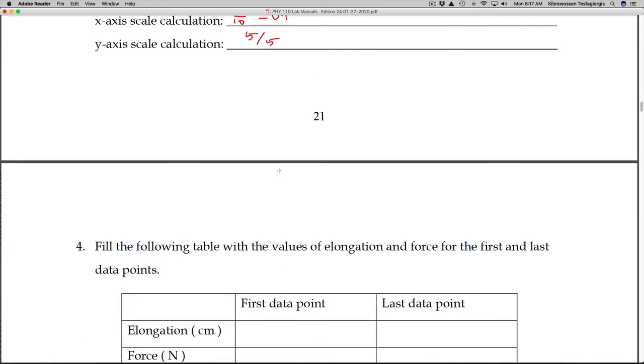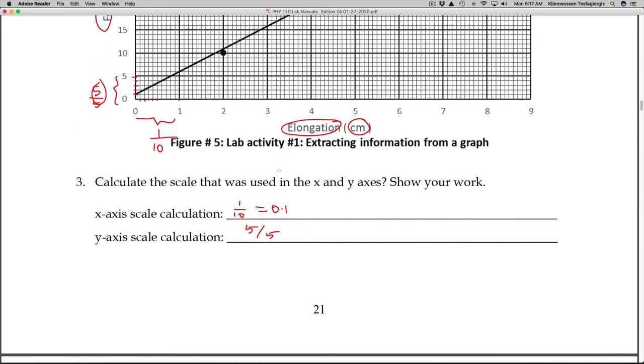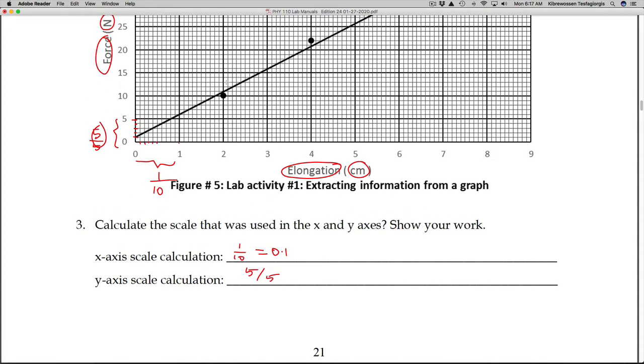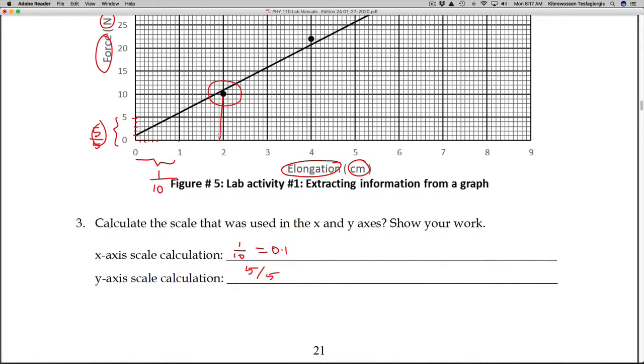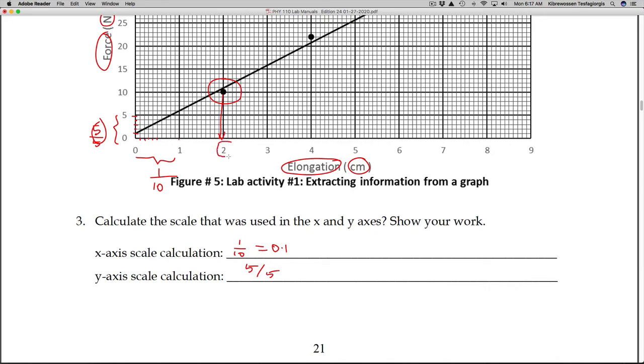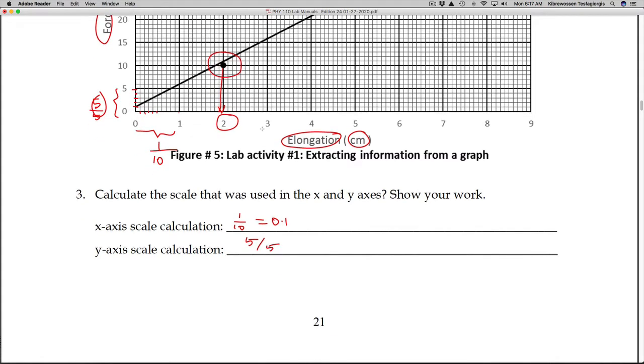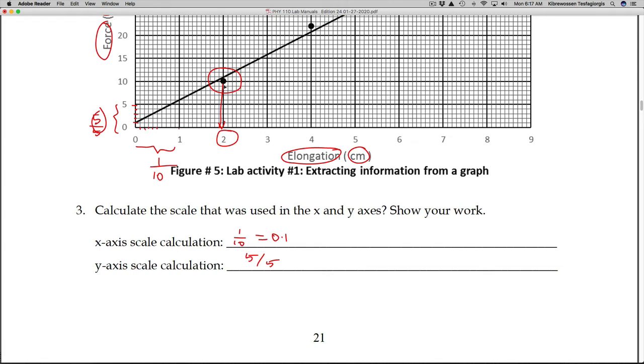As this is reading graphs, this is your first data point. If you draw a vertical line like this, you will be able to read your x value, or elongation value. If you draw a horizontal line like this, you will be able to read your y value. So this is your x value, or elongation value, and this is your y value.